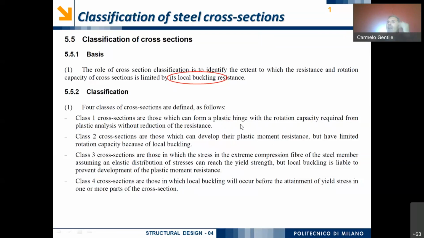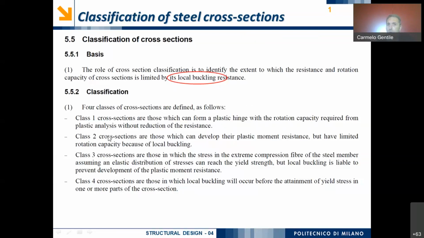For a cross section like this, we can use the strength verification either in terms of moment of yielding or in terms of fully plastic bending moment, and so we can use both types of MN interaction curve.